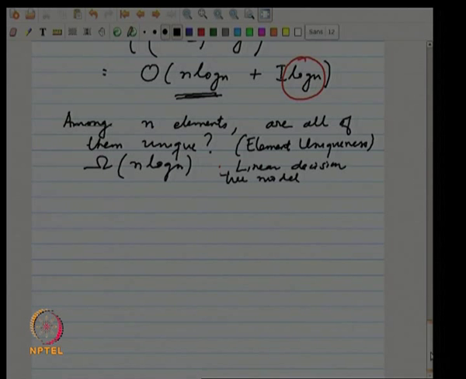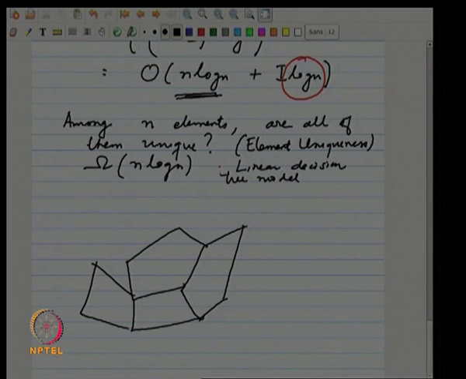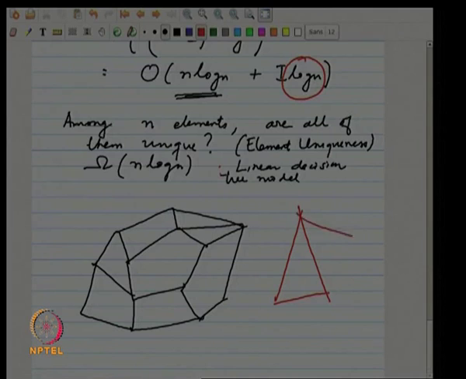But one very natural application is that if you have, let us say, two planar maps, which means I have some map like this, with some states, countries, whatever information appears in a map, and I have another map which looks like this, and for some reason I need to overlay them.